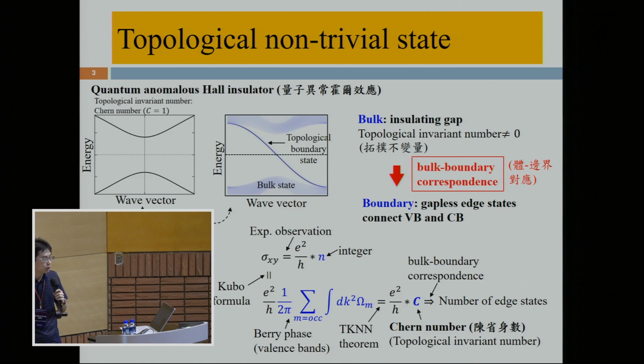Therefore, according to the bulk boundary correspondence, the Chern number guarantees that number of gapless boundary states on the edge of the system. Let's go back to this example once again. The Chern number here is 1, so we see only one gapless boundary state in the bulk gap region. If the Chern number is 2, we'll see 2 gapless boundary states.